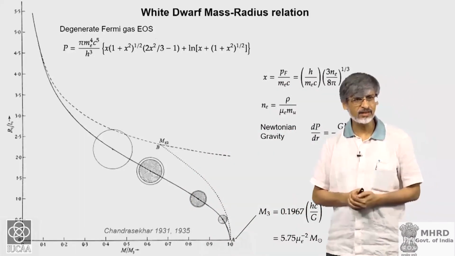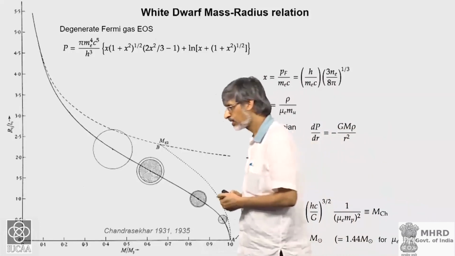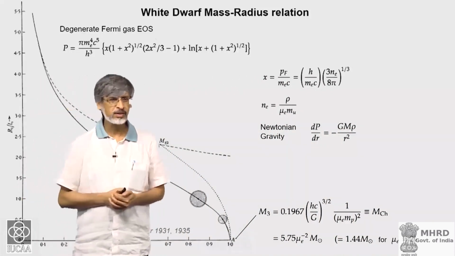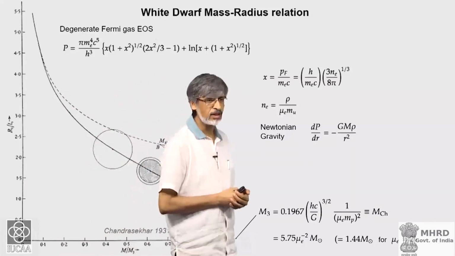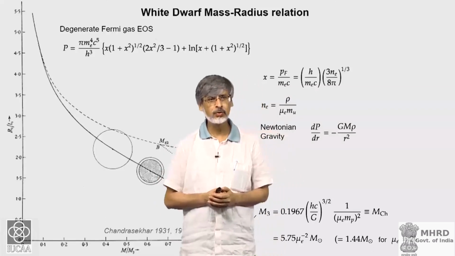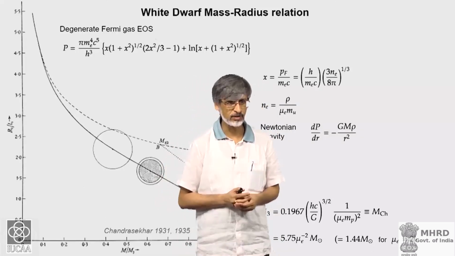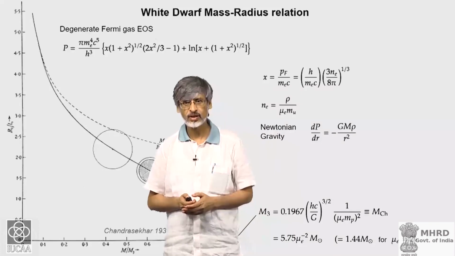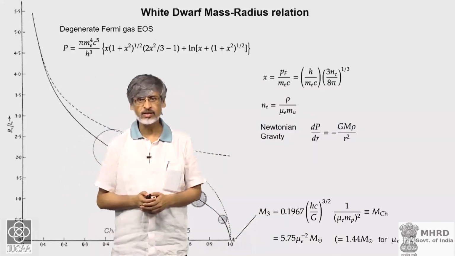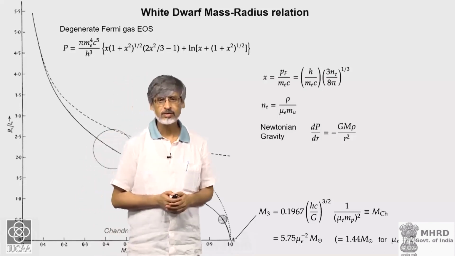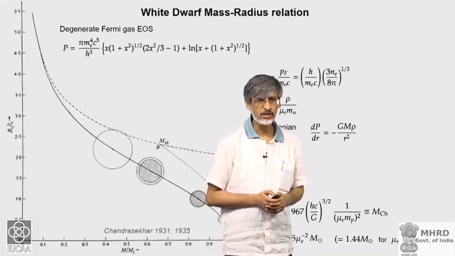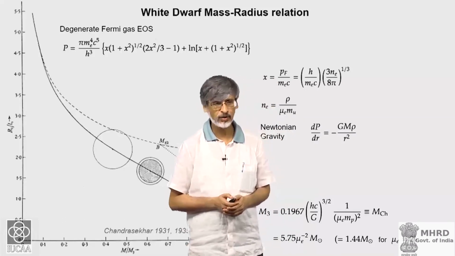In all these cases, there are roughly equal number of protons and neutrons, which means for every electron there are 2 nucleons. So, mu e is 2 for almost all of these cases. So, once you put mu e equal to 2 in this expression, you get a value which is 1.44 times the mass of the sun, which is the well known Chandrasekhar limit.